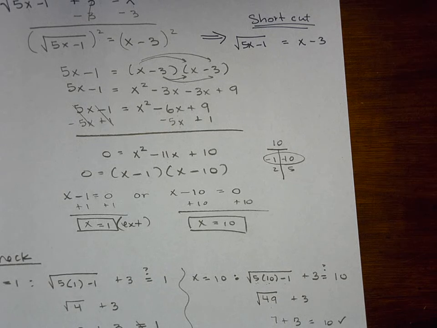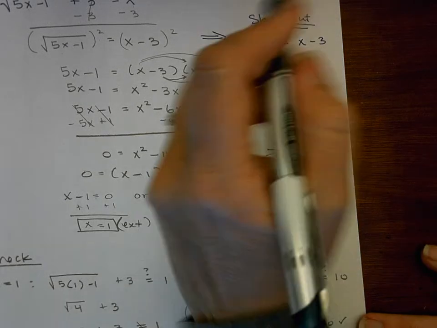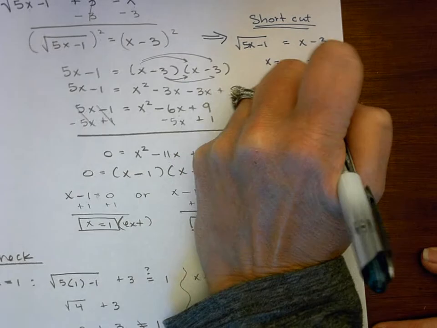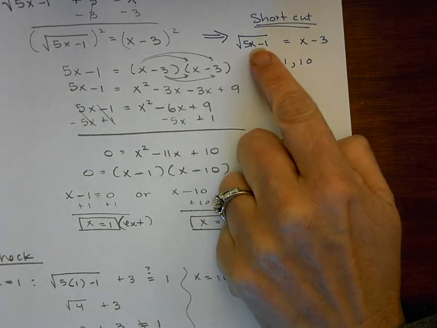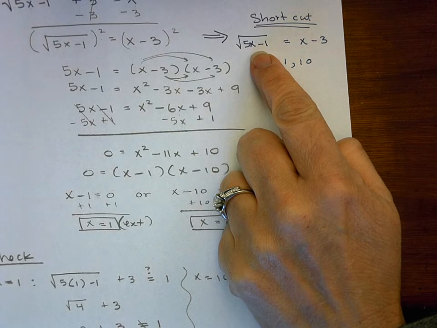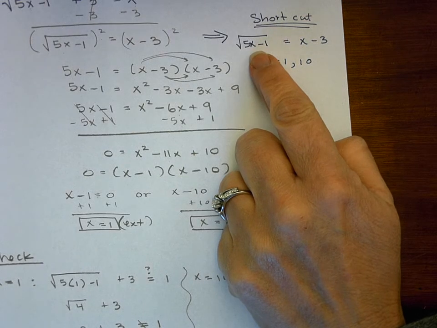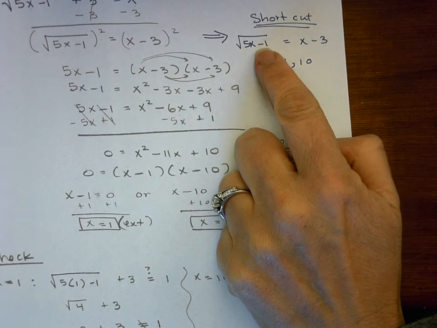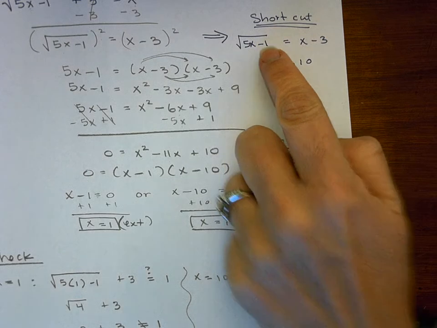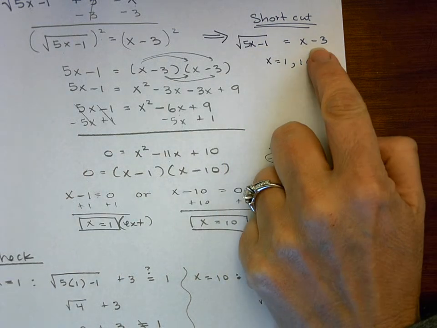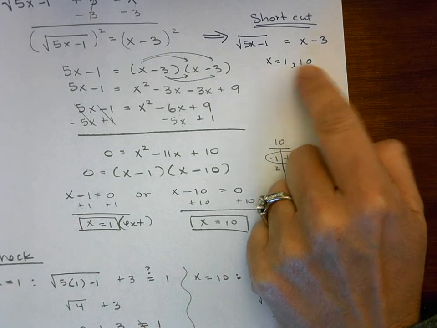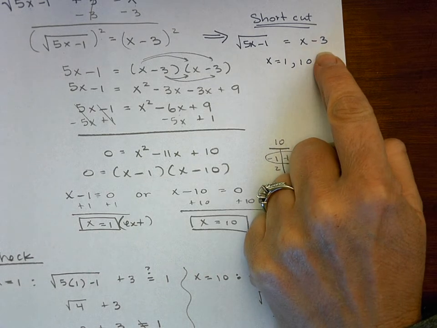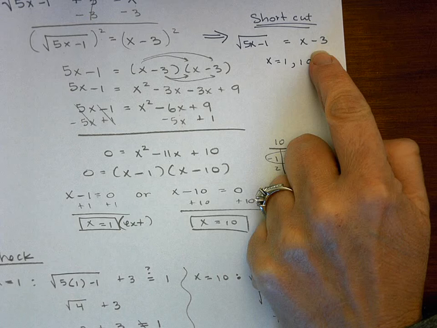So we said that our solutions were 1 and 10, right? So we know that this has to be a positive number because otherwise it's imaginary, right? So we know that our square roots have to generate positive numbers. So if x were 1 over here versus if x were 10 over here, which one of these generates a positive number? So if I let x be 1, 1 minus 3 is negative 2.